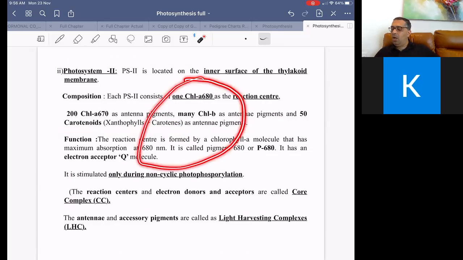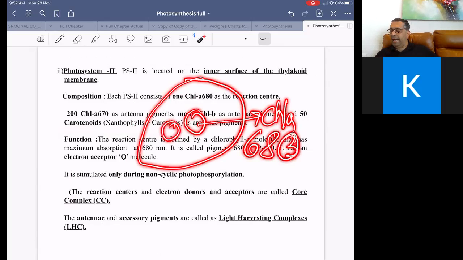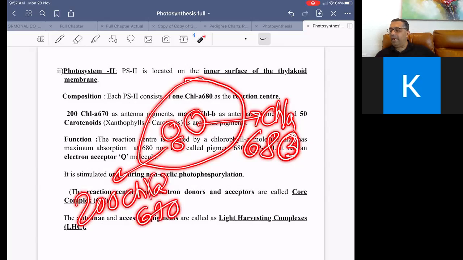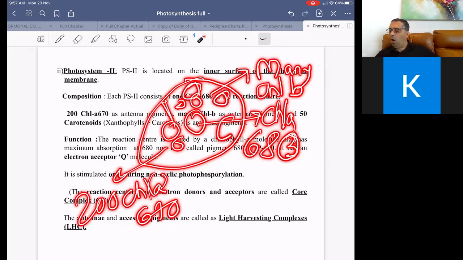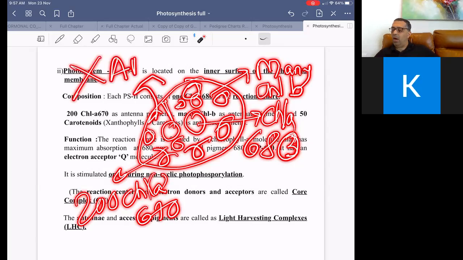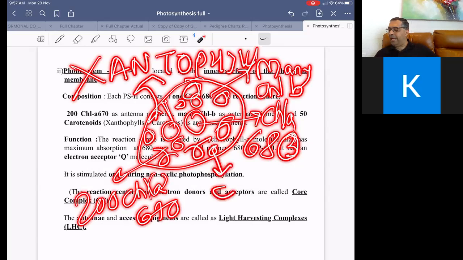So, ये है आपका chlorophyll A 680 reaction center, and 200 chlorophyll A 670, accessory pigment, many chlorophyll B's, and there are more of xanthophylls, जो मैं कैपिटल में लिख रहा हूं, and less of carotene, जो मैं स्मॉल में लिख रहा हूं, less of carotene.